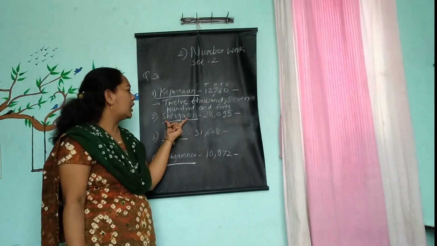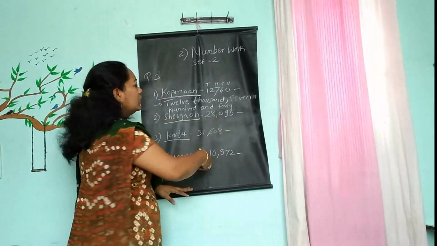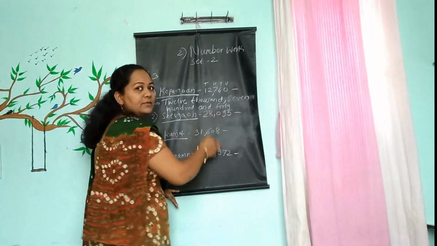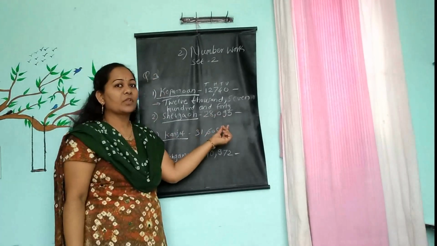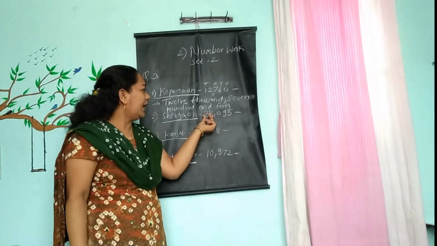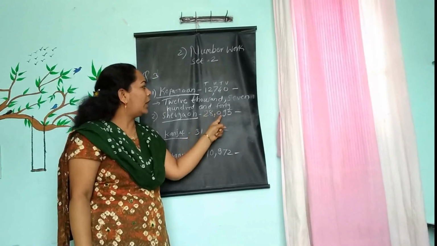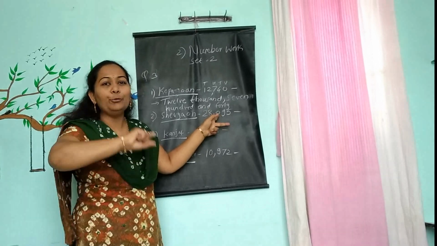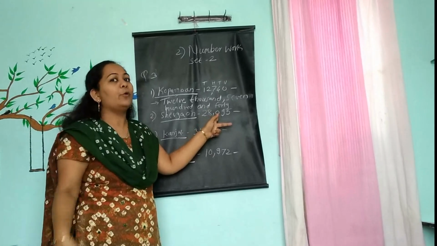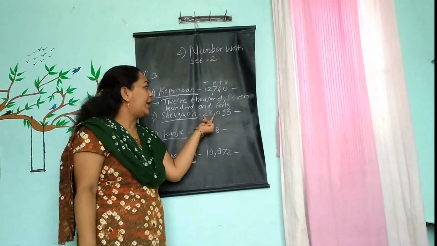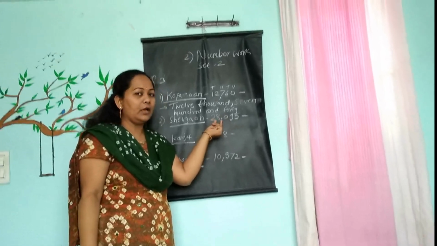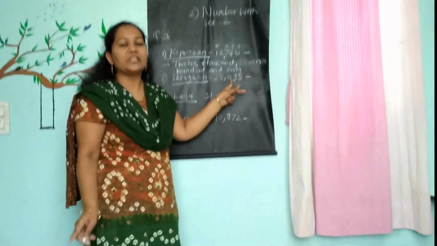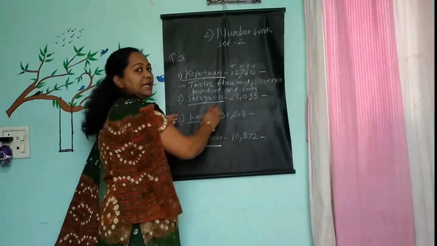Next is Shevgaon. They gave it first split 1, 2, 3 comma, and this is the thousands place. So we have to write 28,000. The hundreds place is 0 here, so there is no need to mention it. We directly say 28,095. No need to mention the hundreds place if it is 0.